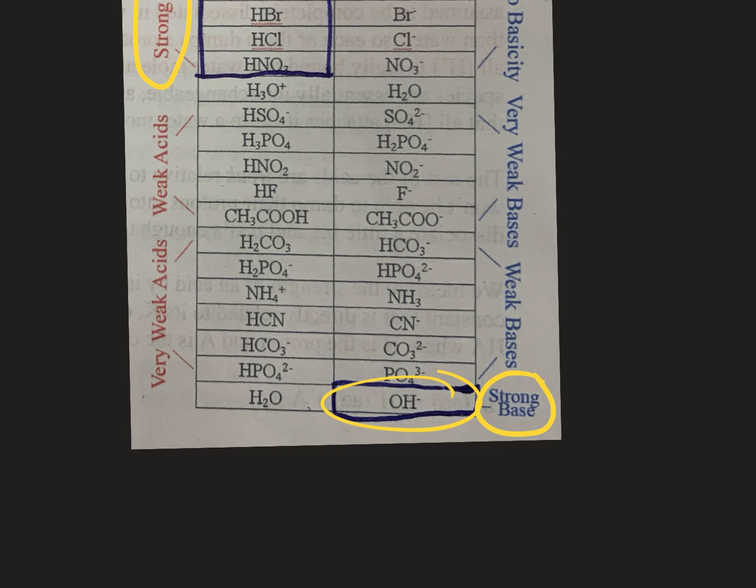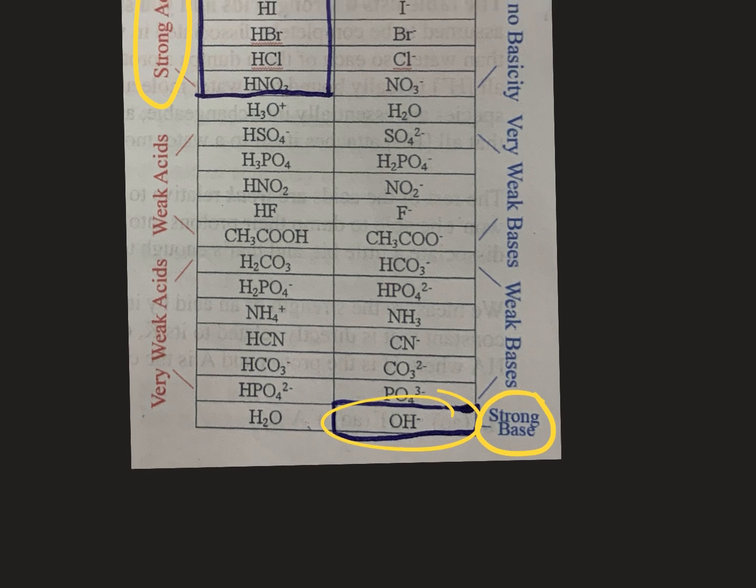So what makes these weak acids? This one right here has sulfate in it. What makes it a weak acid? Doesn't completely dissociate. Okay, great. But also, what makes a base a base? That's right there too.